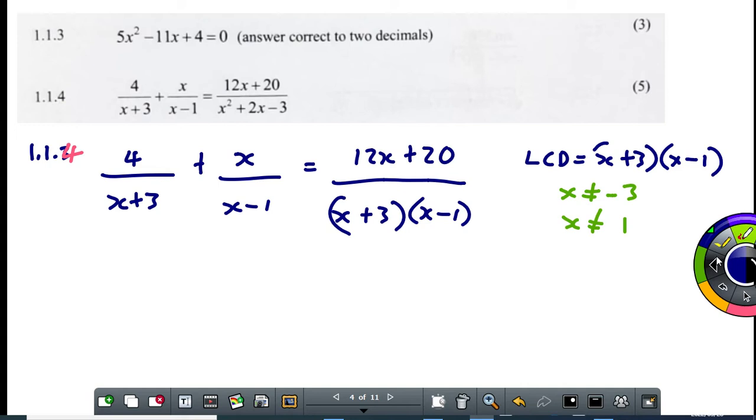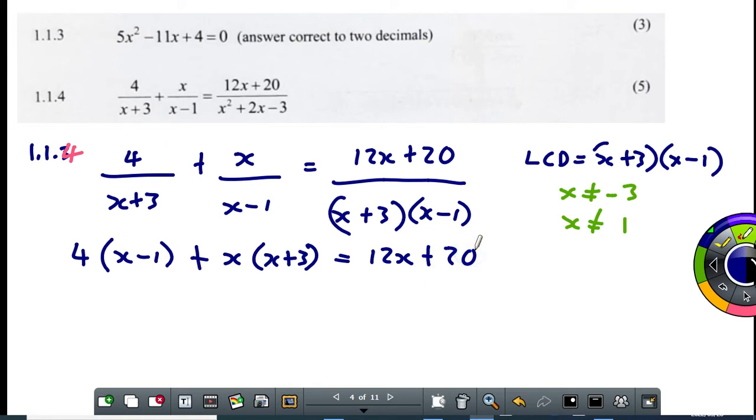So the next thing here, multiply the numerator by x minus 1. I'm sure you can see that the LCD is x plus 3 times x minus 1. So this will be 4 times x minus 1 plus, and that one becomes x times x plus 3. Since the denominator on the right is the same as the LCD, we don't do anything to the numerator. So that will be 12x plus 20.